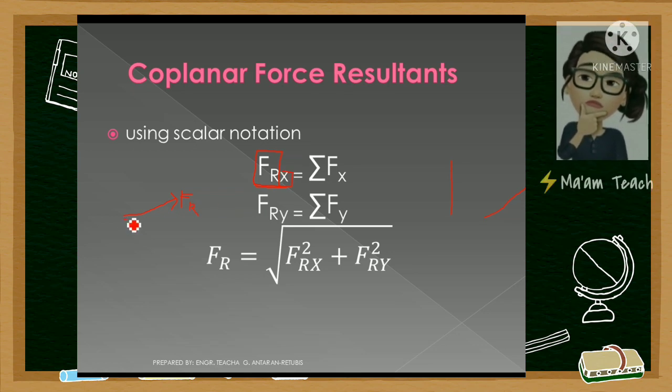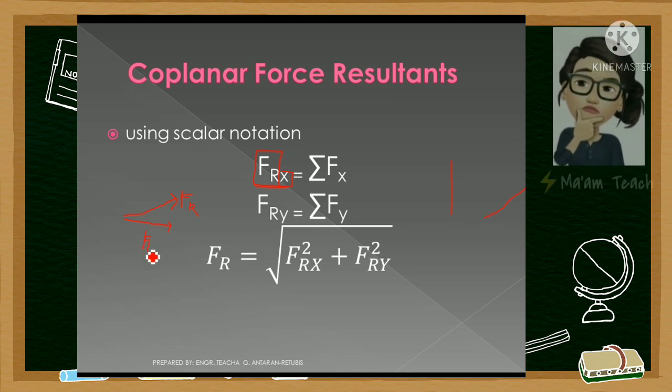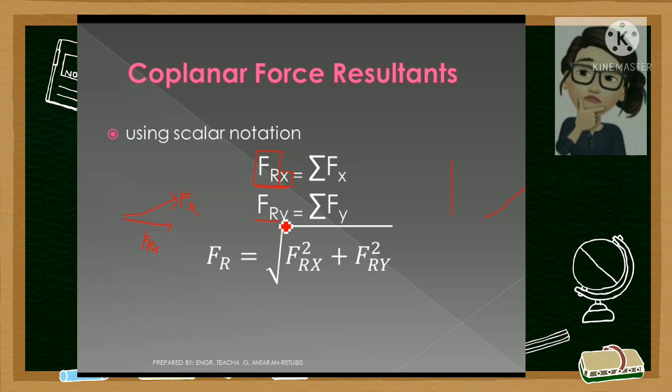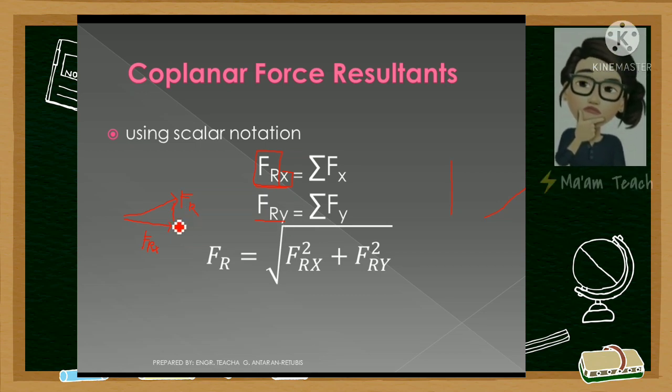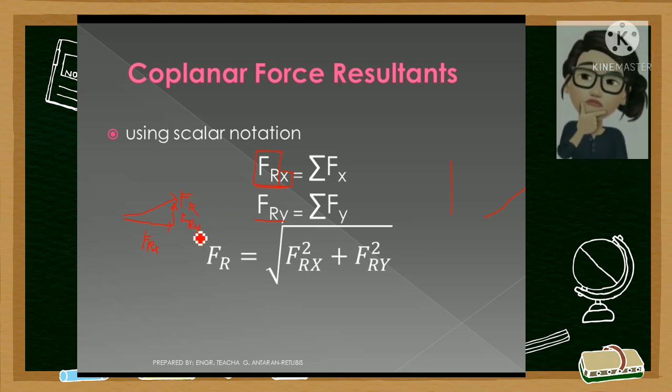So if you could recall, this is somewhat like this. This is the F sub rx, right? And this F sub ry is already its y component, which forms a right triangle.